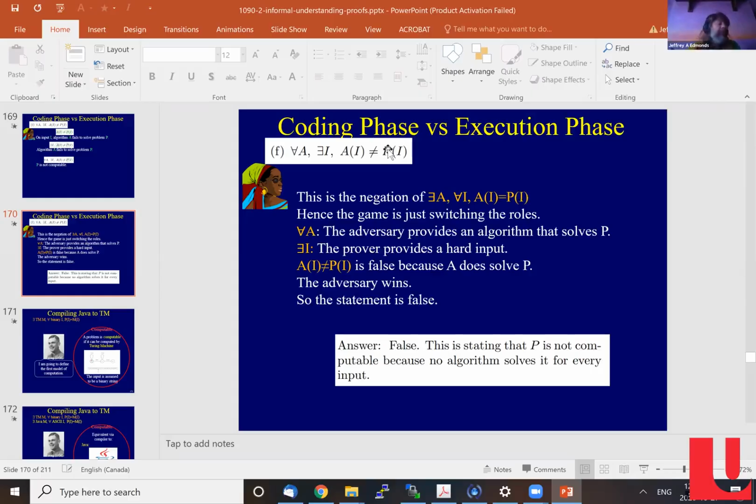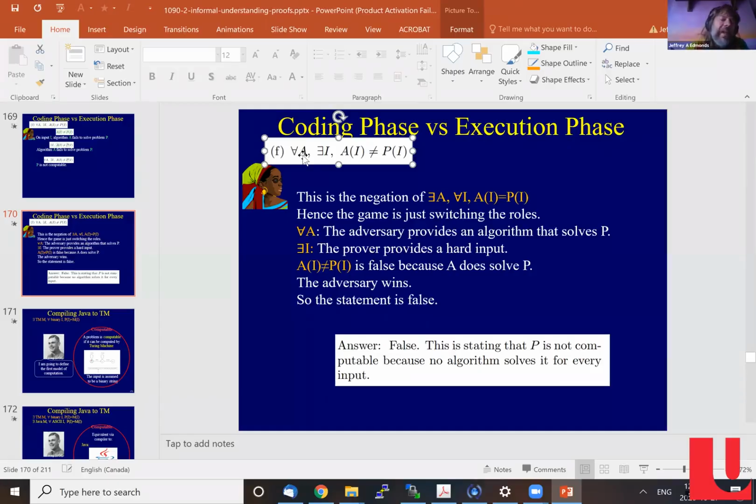How do I prove that the halting problem is not computable, right? We play the reverse game. The adversary gives me an arbitrary algorithm, and I want to prove that this arbitrary algorithm does not solve the halting problem. All I have to do is show you one input on which it fails, right?